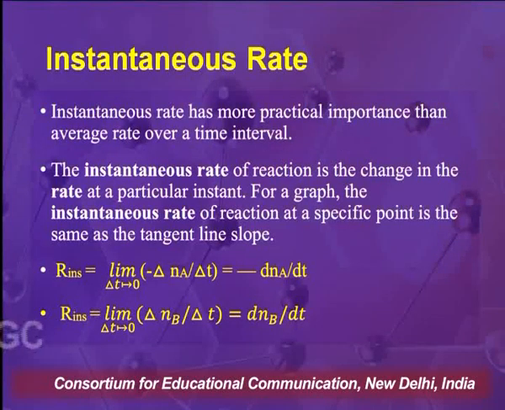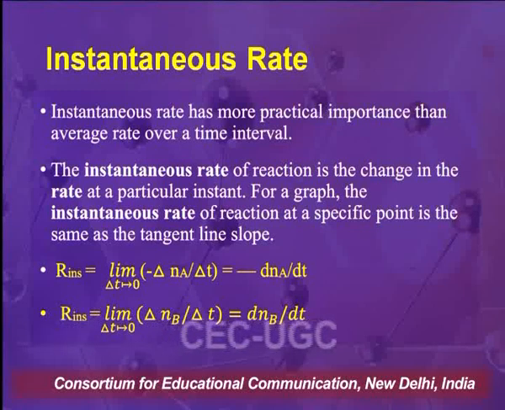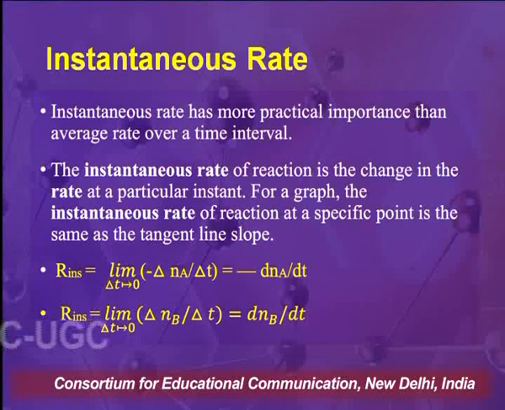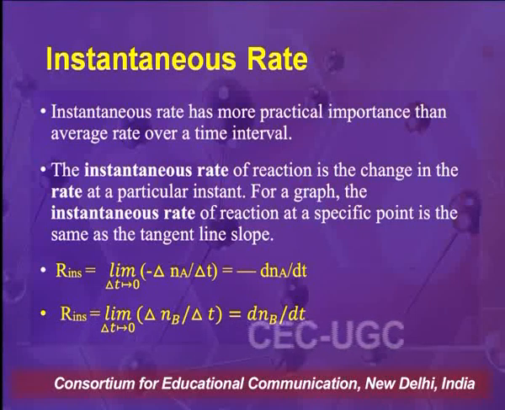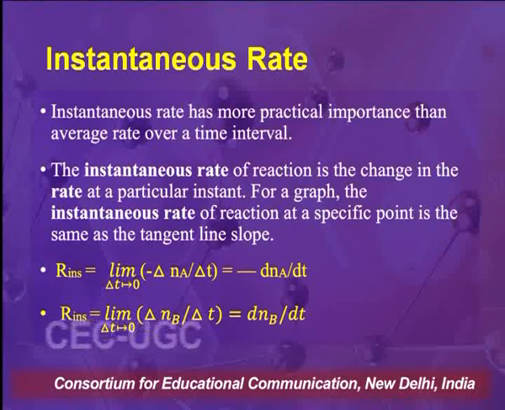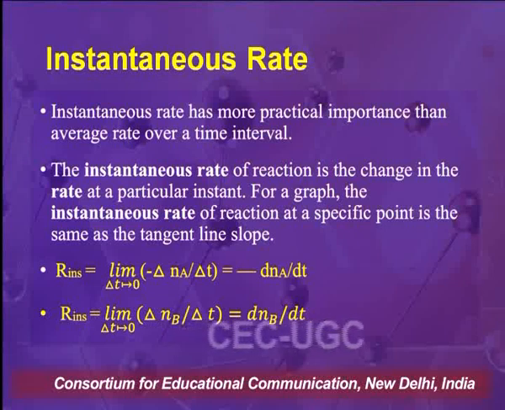Instantaneous rate has more practical importance in chemical kinetics than the average rate over a time interval. The instantaneous rate of a reaction is the rate of change at a particular instant. On a graph, the instantaneous rate of reaction at a specific point is the slope of the tangent line.